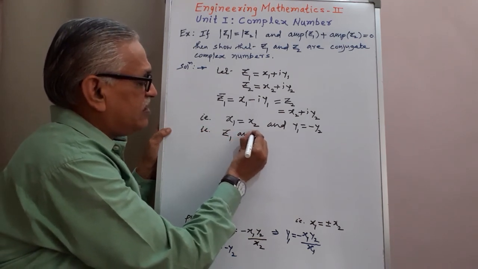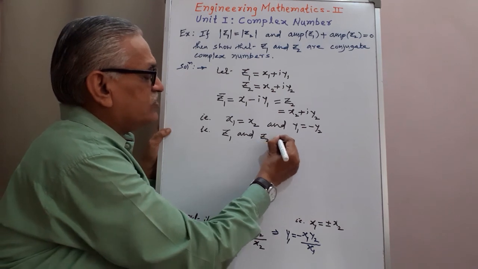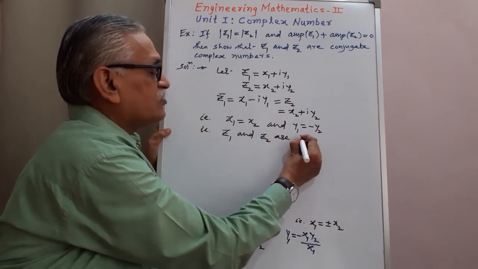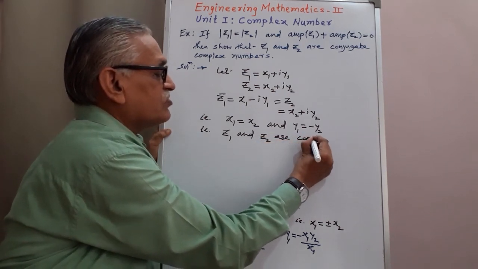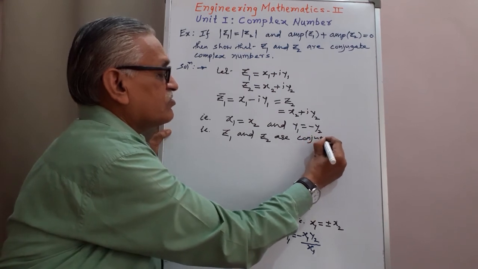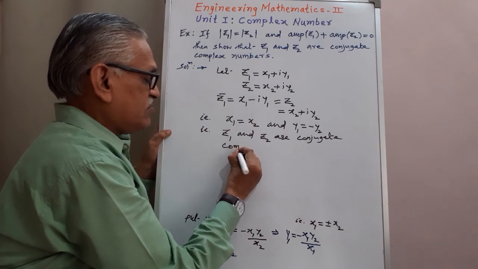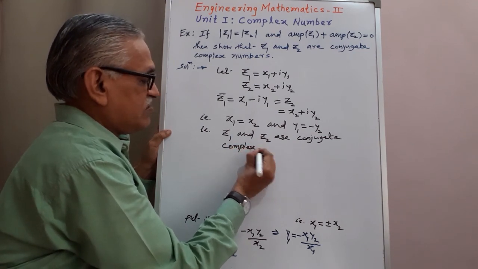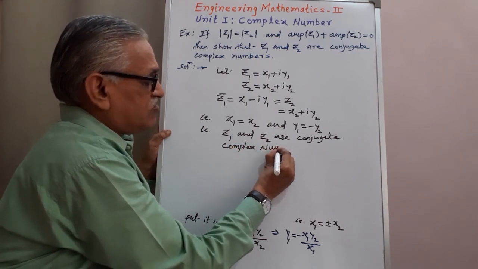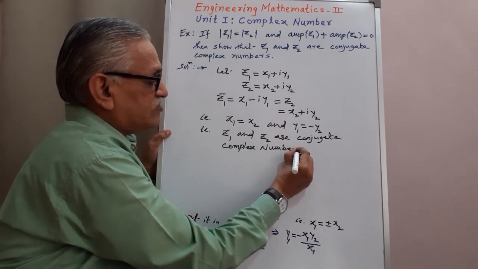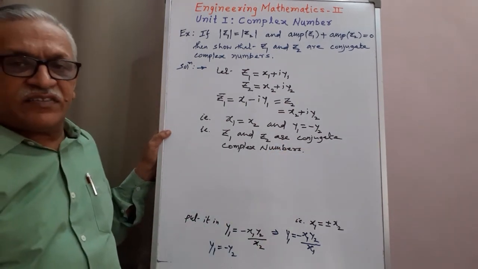Z1 and Z2 are conjugate complex numbers. And here we are getting the same.